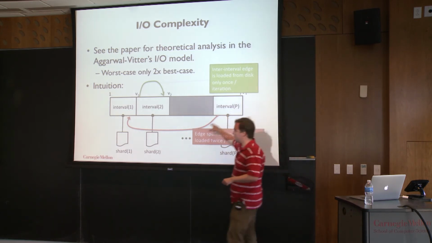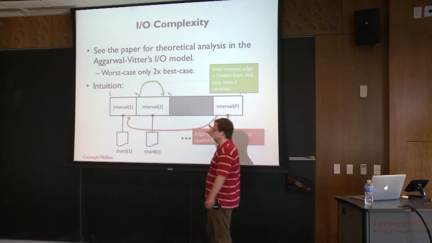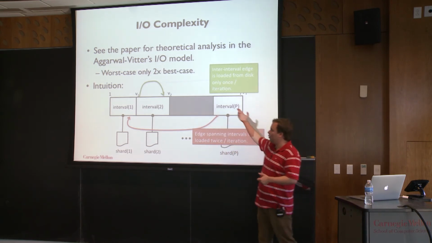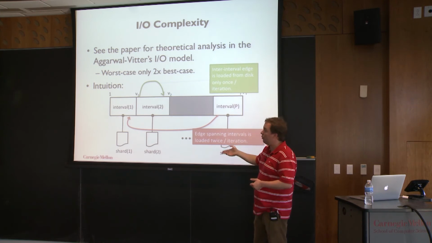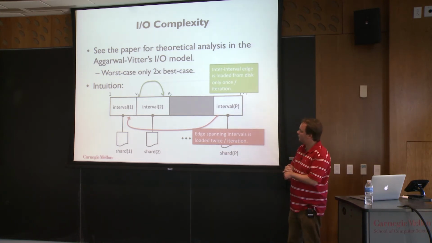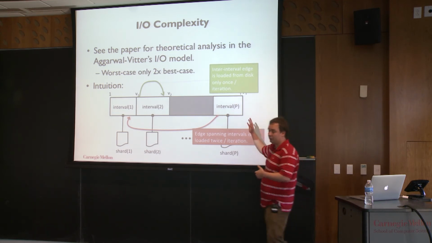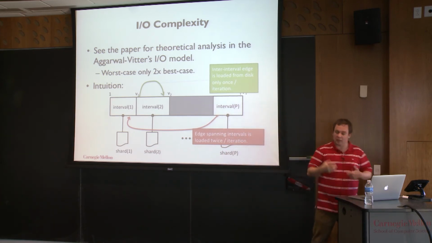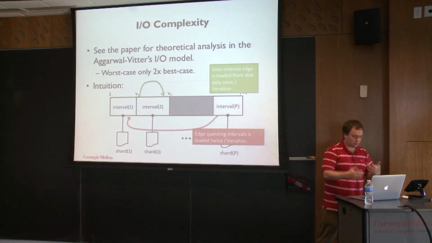But if it spans intervals, then it will need to be loaded twice. So in the worst case, we have only 2 times more I/O than in the best case. So there's not really much motivation to try to, for example, optimize your graph by ordering your vertices so that nearby vertices would have close-by IDs.